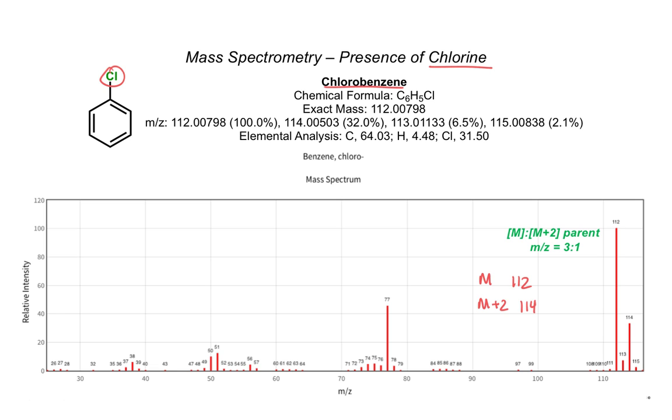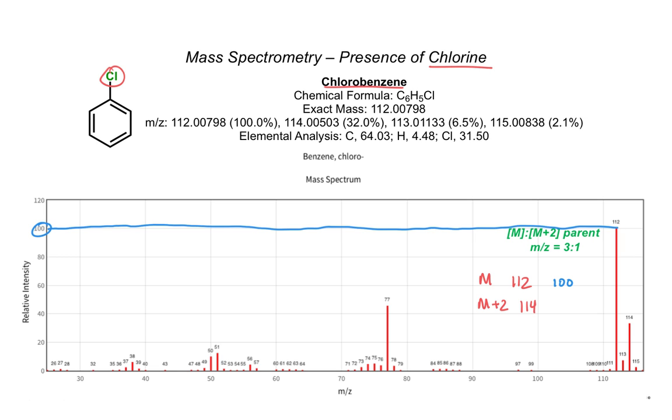Now, if you draw a line from the top of those over to the abundance, we could say, okay, that reaches 100% abundance.